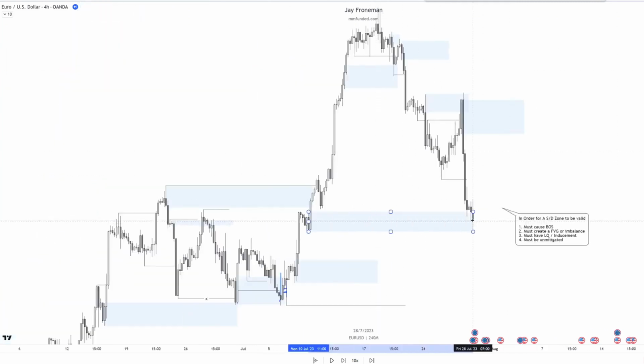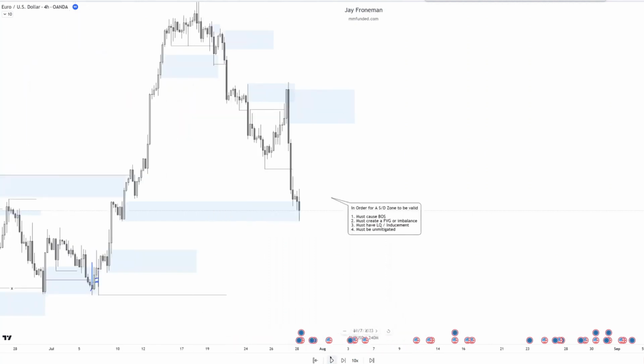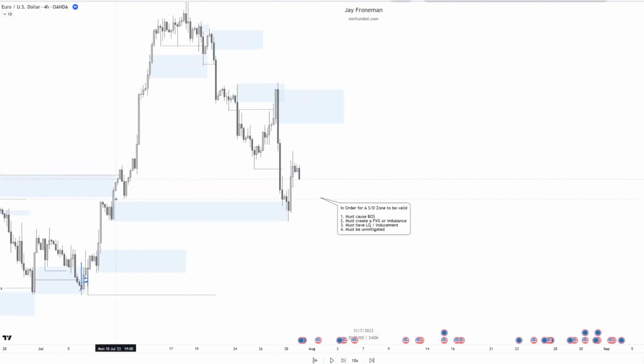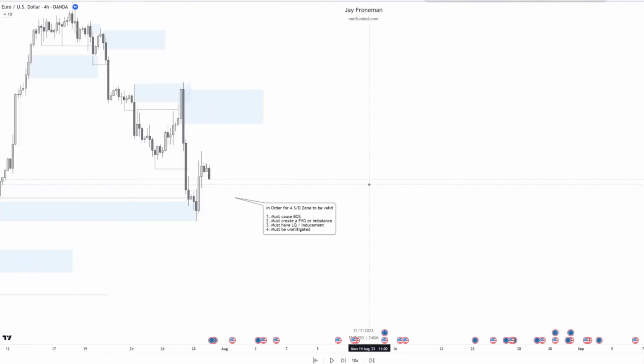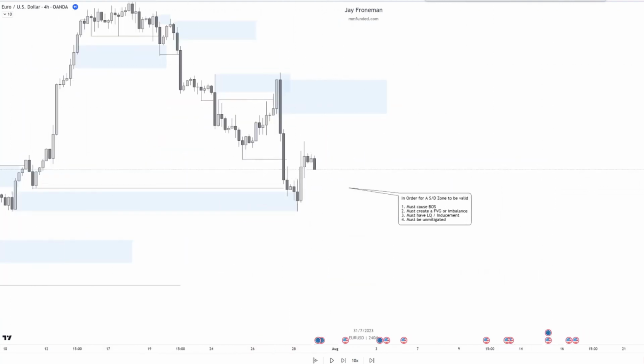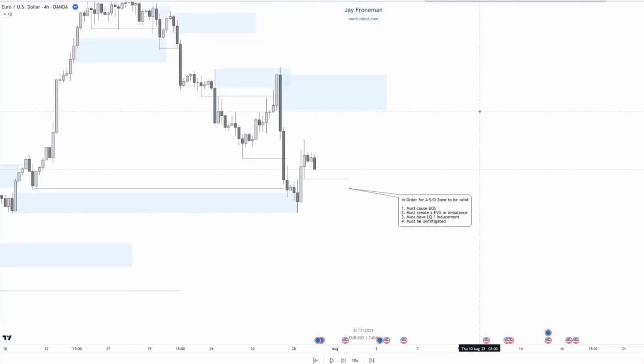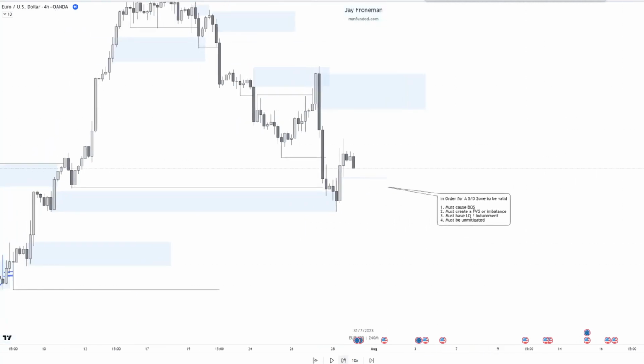We're starting to mitigate these areas of demand. Okay, mitigation of that demand, sweep of this liquidity, displacement, fair value gap, smaller fair value gap over here. It's a very tight one, but we can still mark that out. And let's see what reaction we get.